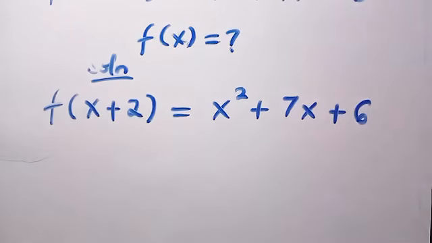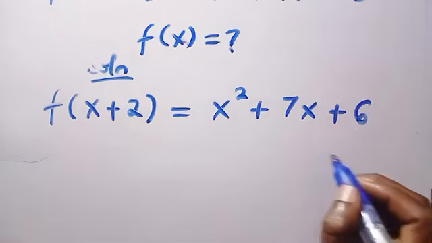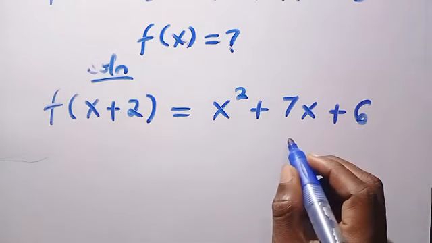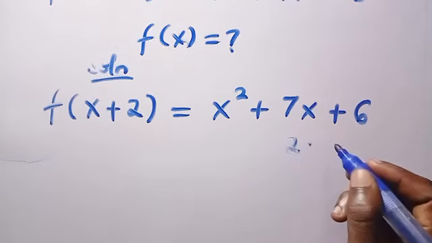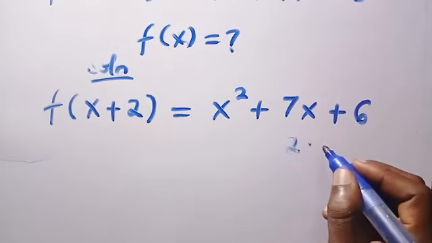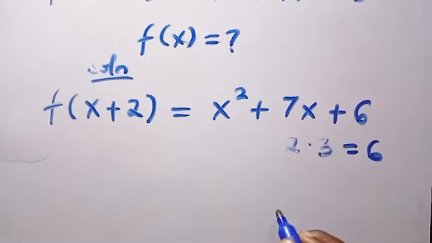We look for factors of 6 that if we add together give us 7, and if we multiply together give us 6. From here, 6 can be 2 multiplied by 3. If we multiply 2 by 3, we get 6.